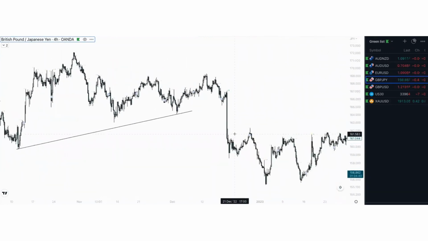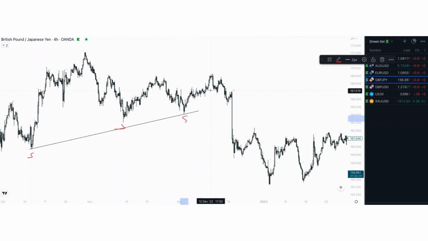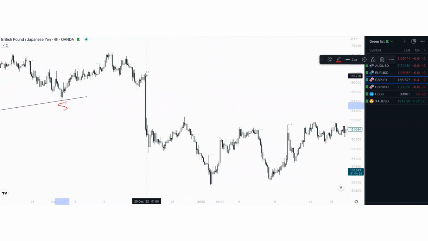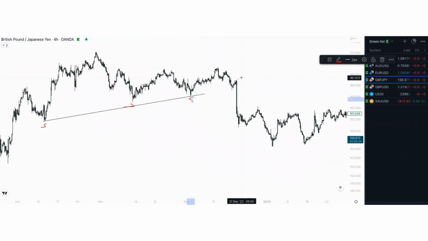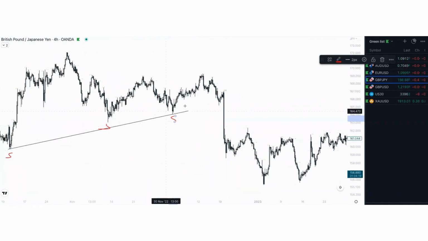So for sure, people have their stop losses here, this one and this one, and in one session, like this, I think this is a London session, the price dropped and swept all the liquidity below this area.